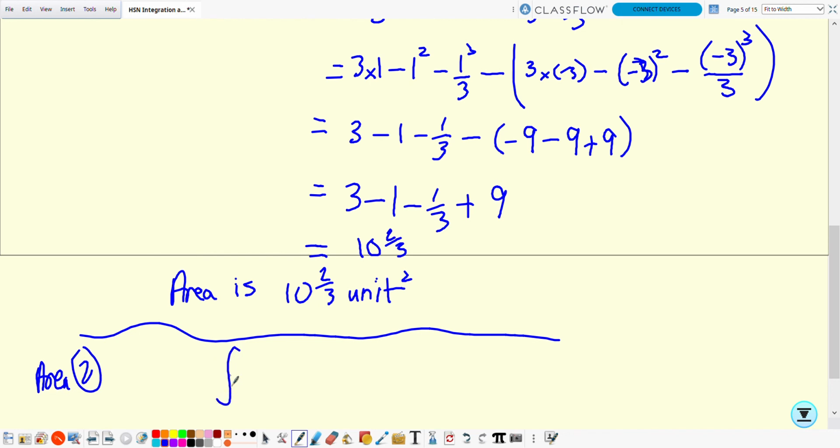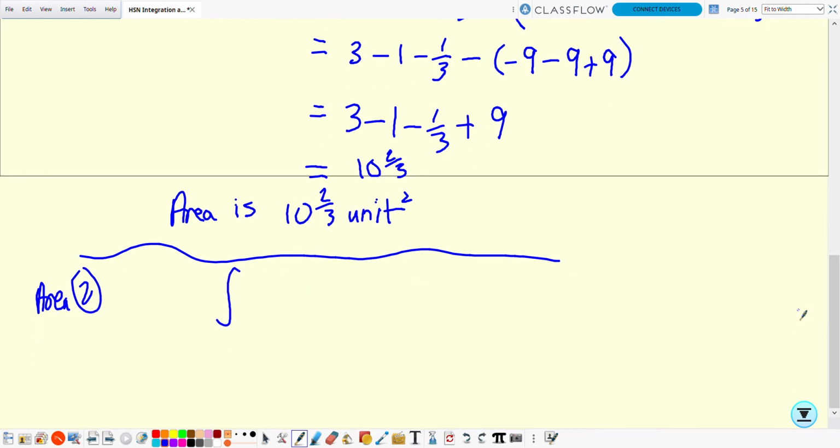So don't be writing area equals here, because we're going to end up with a negative value. So we're doing the same thing. We've got 1 to 2 this time. You're integrating 3 minus 2x minus x squared with respect to x. You can jump to the part where you've got the simplified integral, because you've already done this.